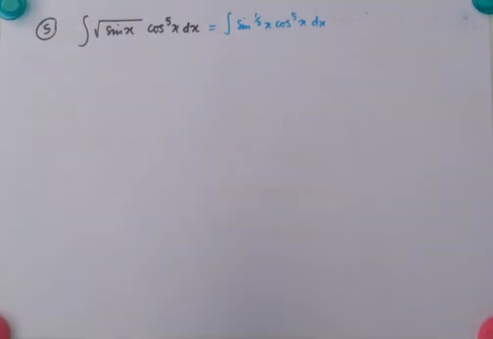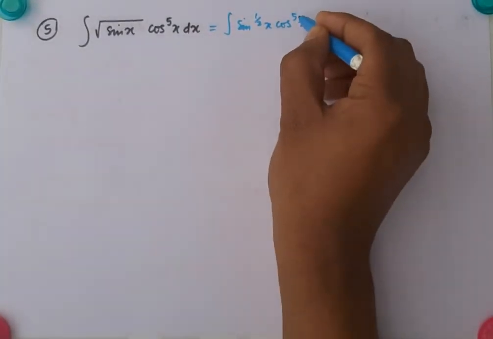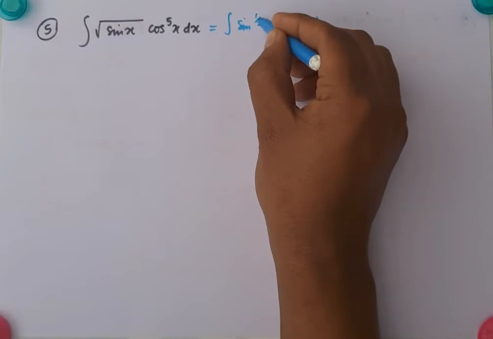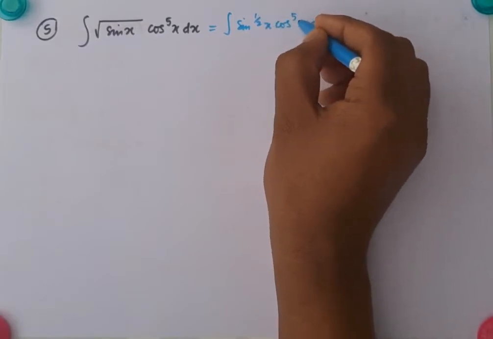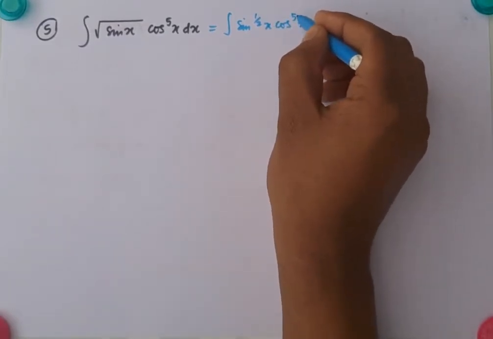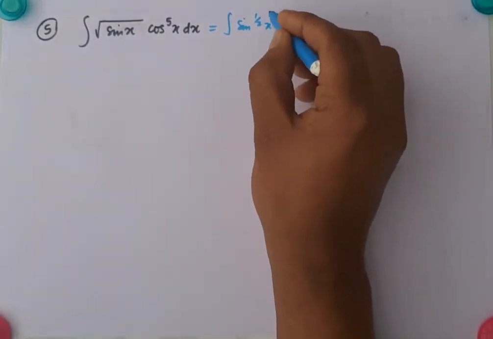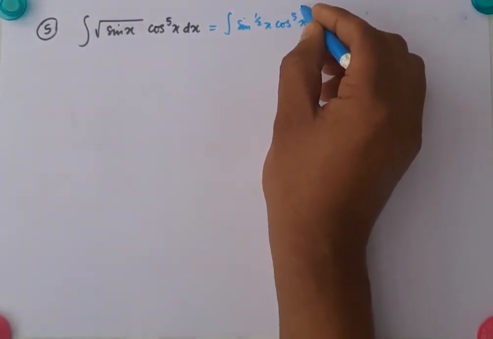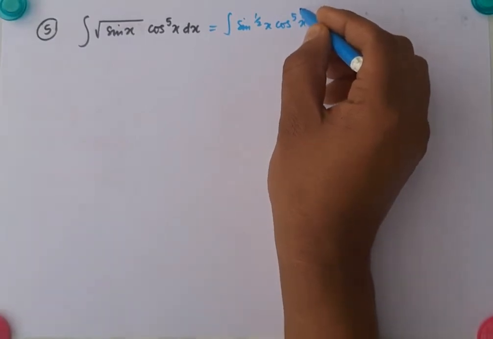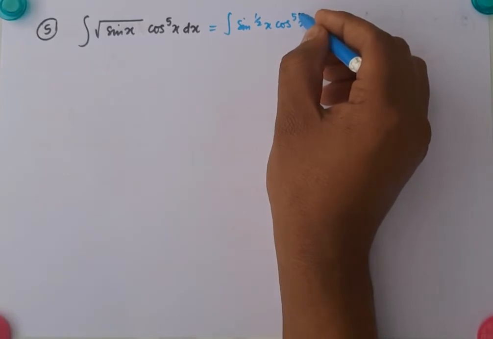That's what the first rule says. So we see that only n is odd. So when n is odd, the rule says put sin x equals z. Okay, so let's do that.